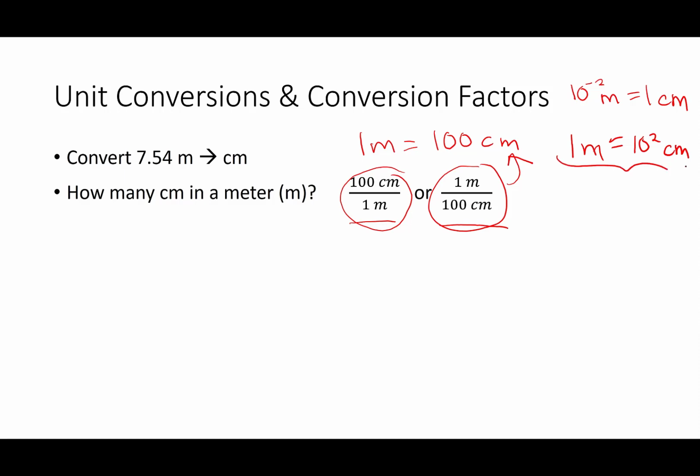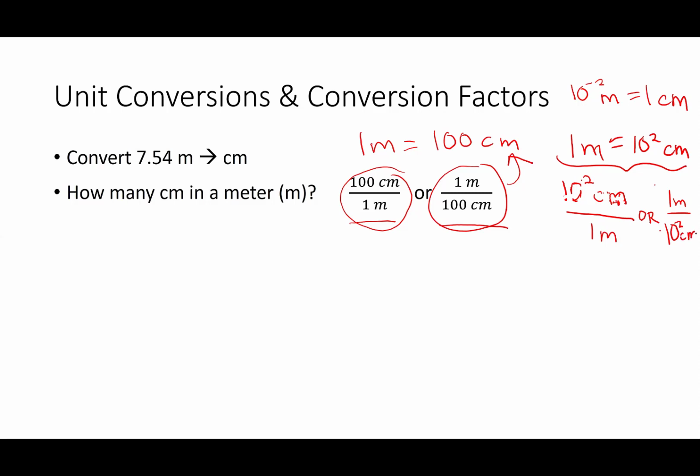So from this equality, we can also write another conversion factor. So we can also write conversion factors from this equality, okay? So we can write, there are 10 squared centimeters in 1 meter, or in 1 meter, there is 10 squared centimeters, okay?